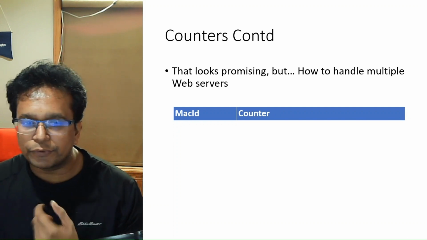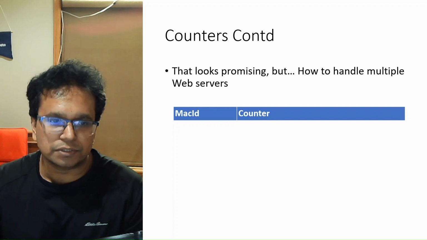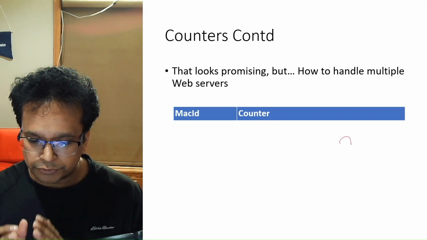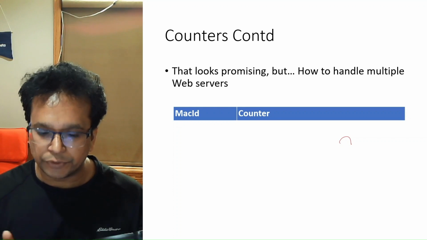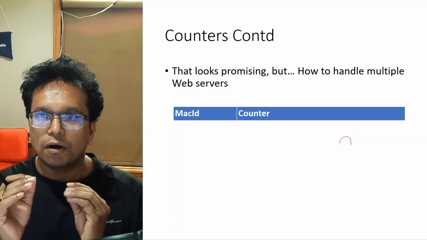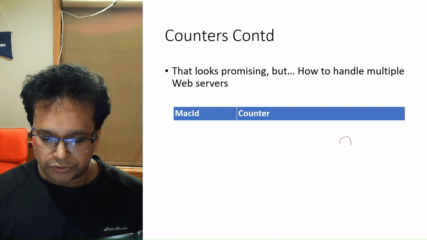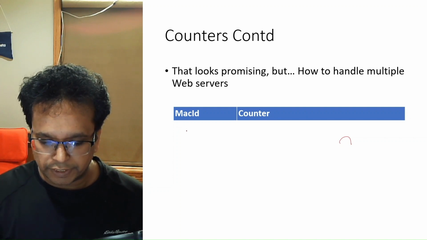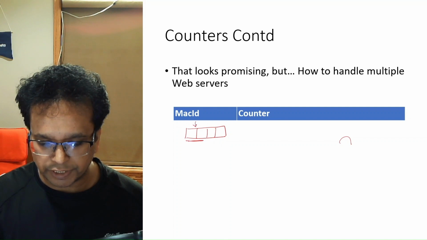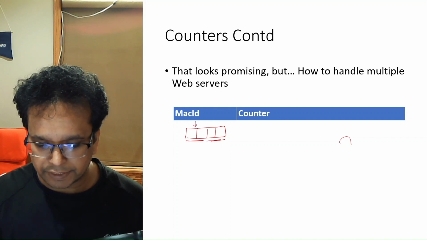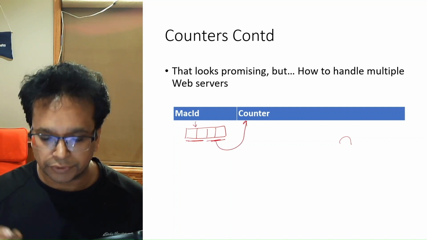Let's explore a few examples to further illustrate this concept. Instead of using an unsigned long 64-bit number, I am going to use a simple 4-bit number just for easy calculation. Let's say we have 4 bits, where the most significant side represents the machine ID and the least significant side represents the counter.